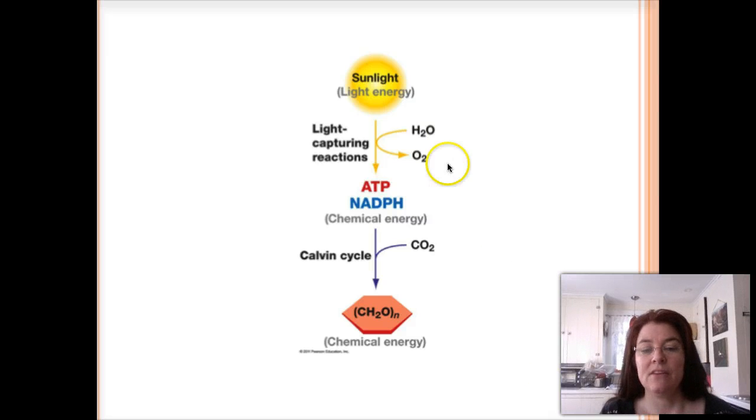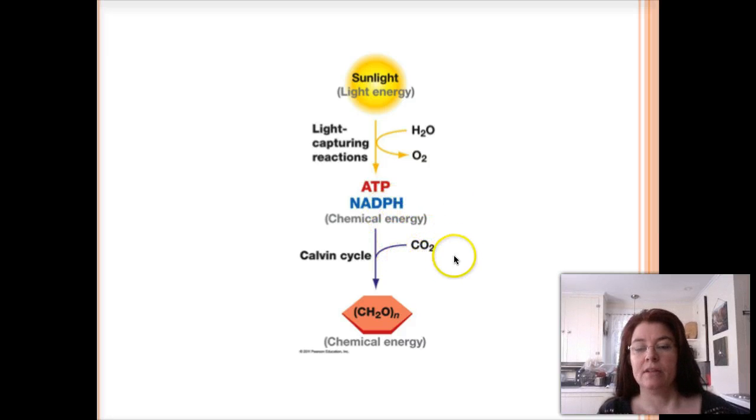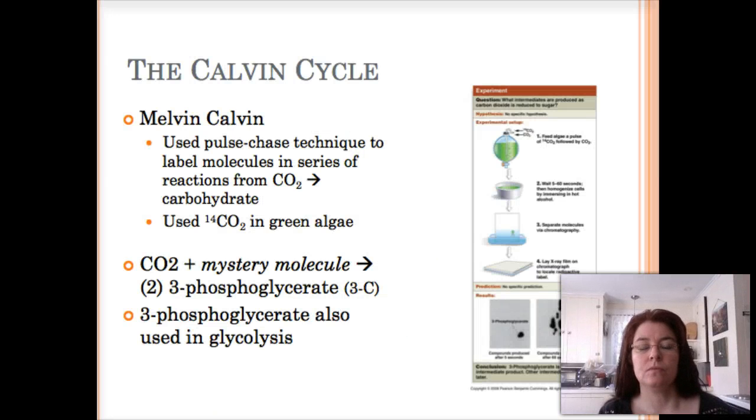Now we're ready to take the ATP and the NADPH along with carbon dioxide gas and use them to create carbohydrate. This is accomplished in the Calvin cycle.